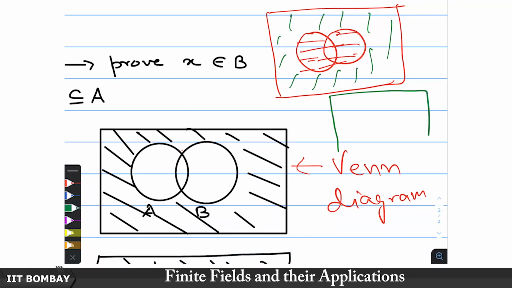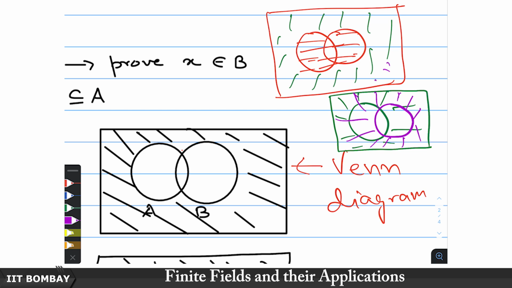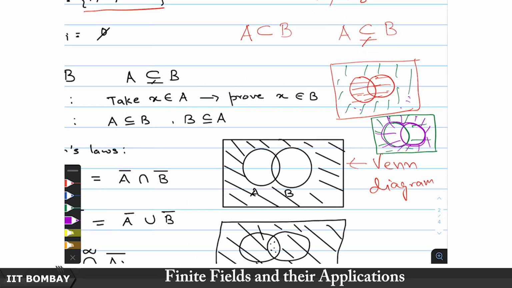A complement is everything outside here and B complement is everything outside here. So, what is their intersection? Their intersection is again the same as this part, what we drew here, which is outside both of these regions. So, they are the same.